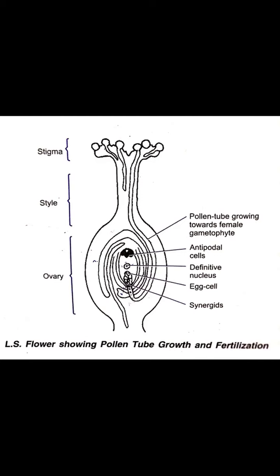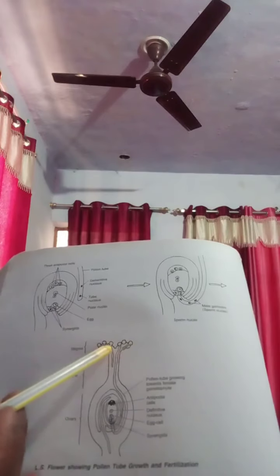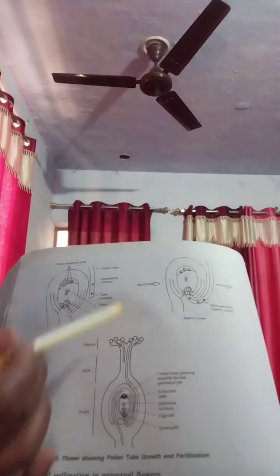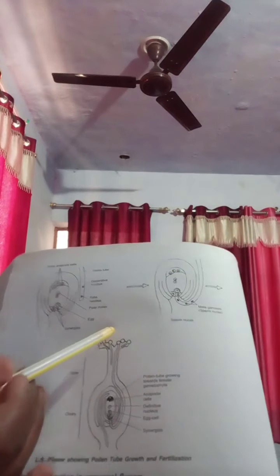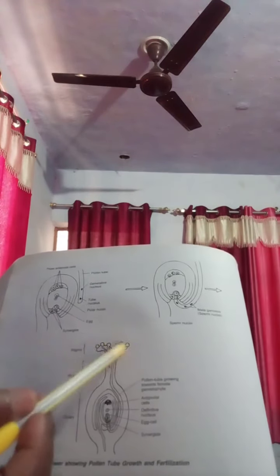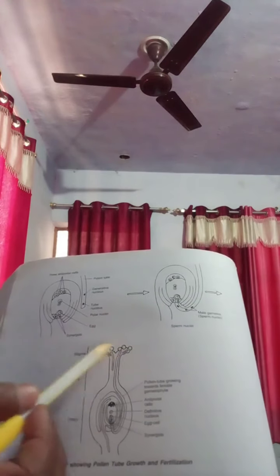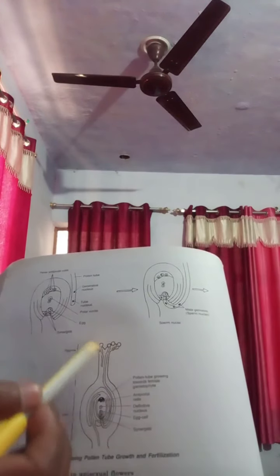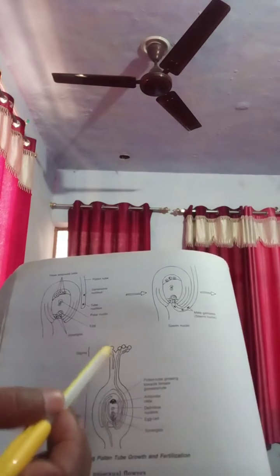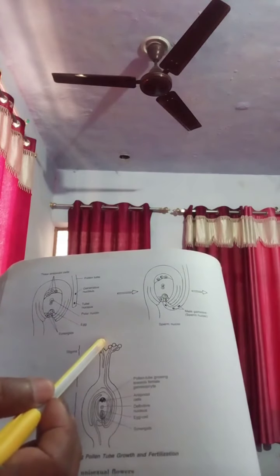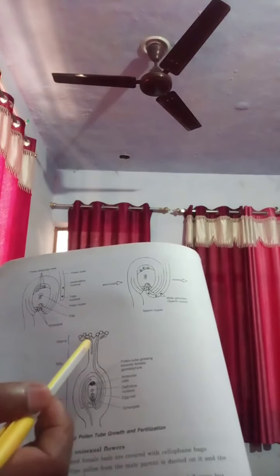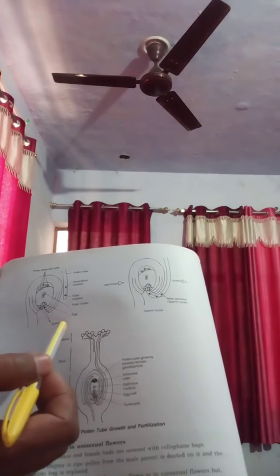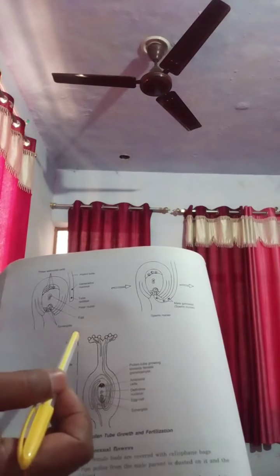Students, now when the pollen grains fall on the stigma region, then the stigma region contains sugary fluid. This sugary fluid is absorbed by the pollen grains, and you know very well that the inner wall of the pollen grain is thin.